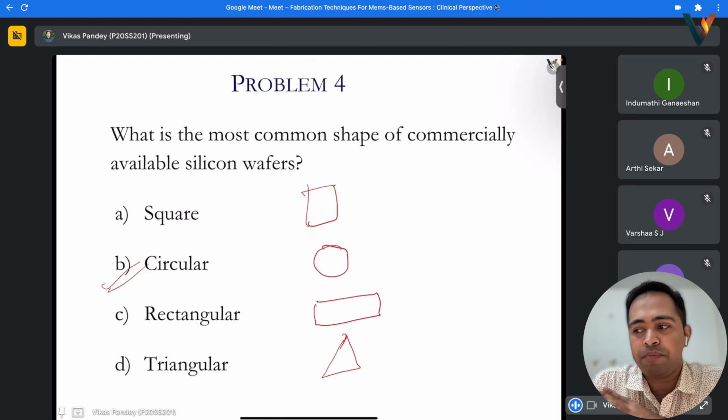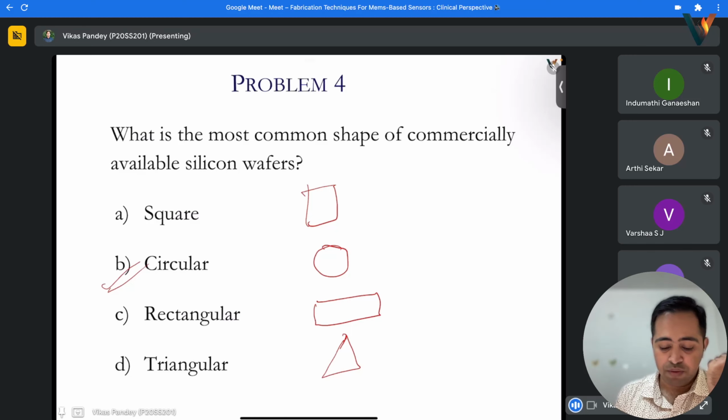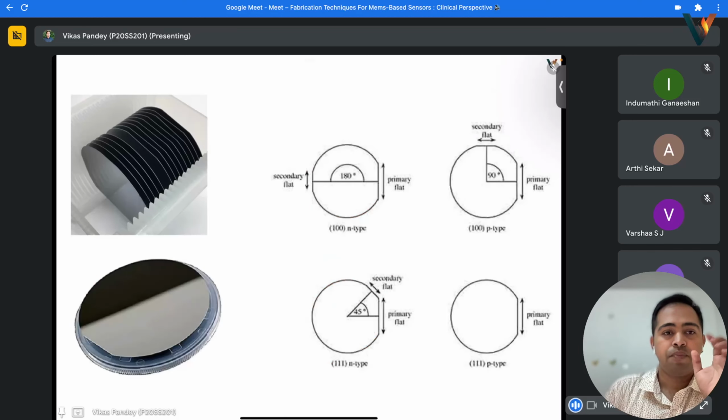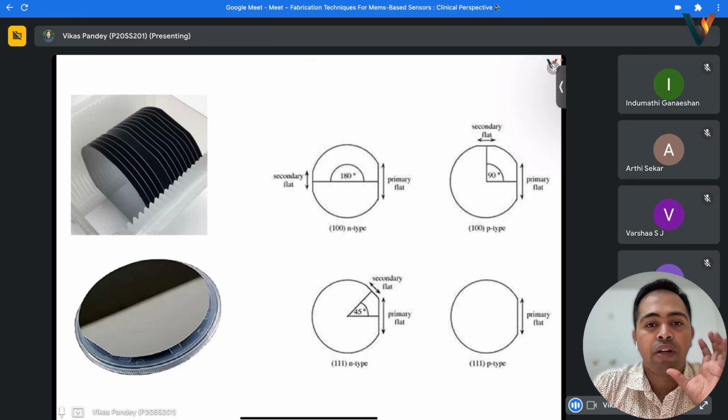If you go into how the silicon wafer we use is prepared, you will understand why it is circular in nature. I think that is not covered in this course; that will be a different course. But in general, we see that a silicon wafer comes like this.